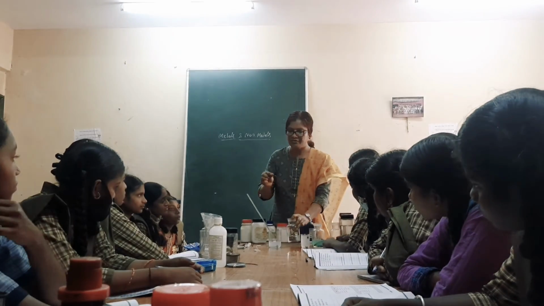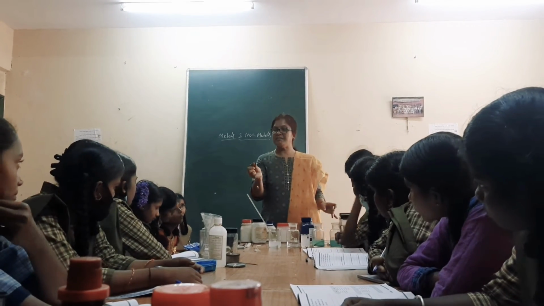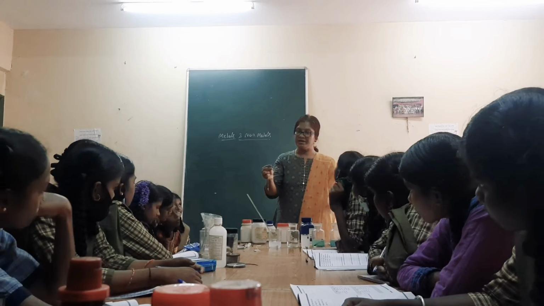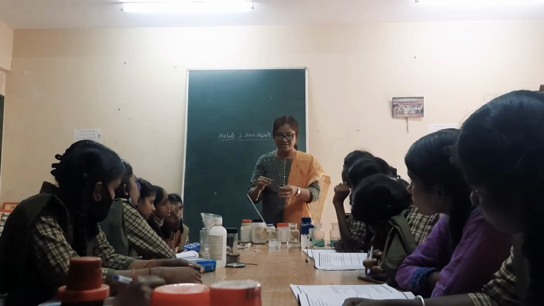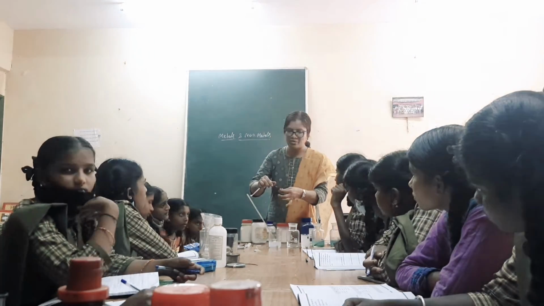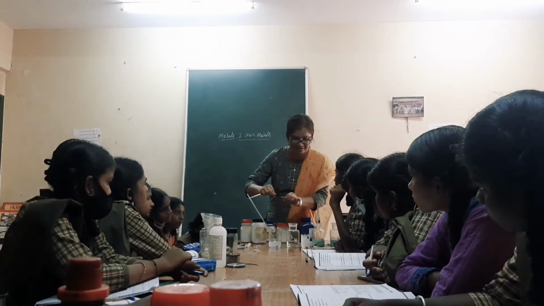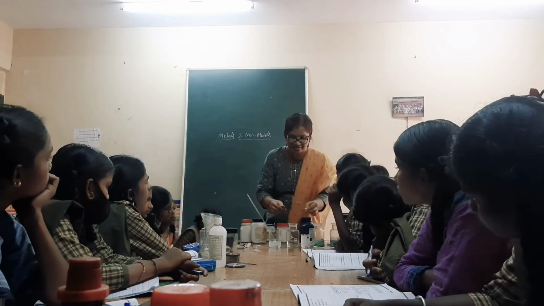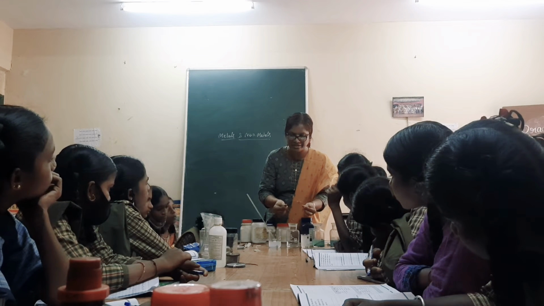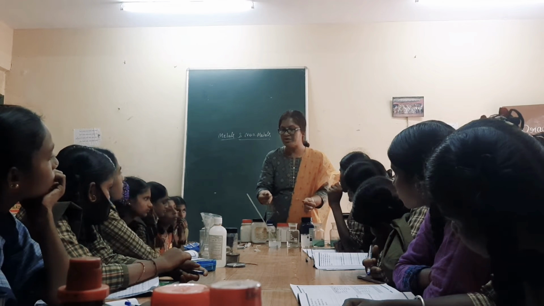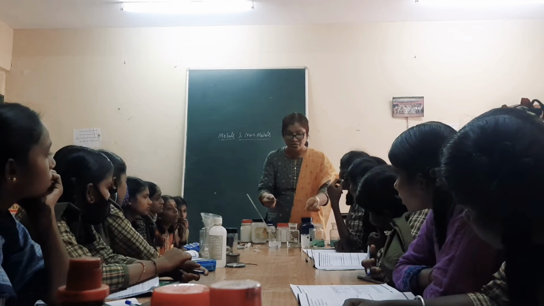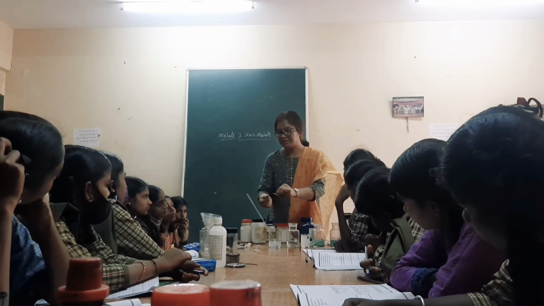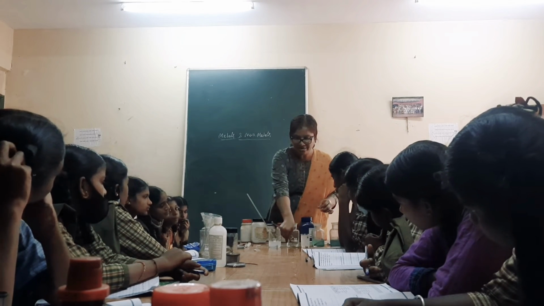Okay. In the fourth beaker, when I place the copper in magnesium sulfate, you can see some coating has been removed, right? See the variation you can see here. In the third beaker there is not much change, but here some coating has been removed.